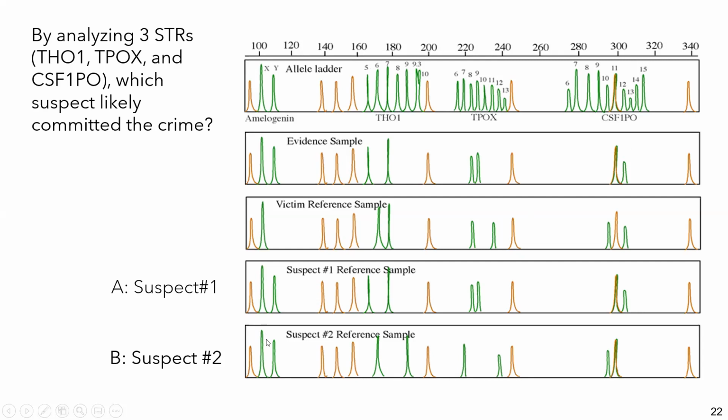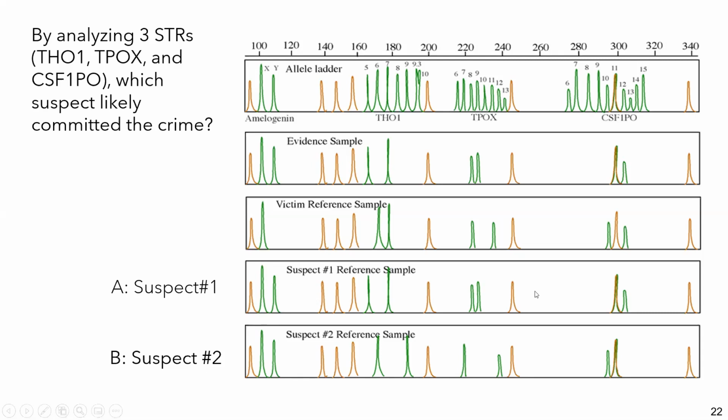But overall, if you compare suspect 1 and suspect 2, you'll find that suspect 2 looks really similar to our evidence sample. All right, so in this case, you might conclude that suspect 2 was more likely to have committed the crime than suspect 1. Oh, sorry, reverse that.